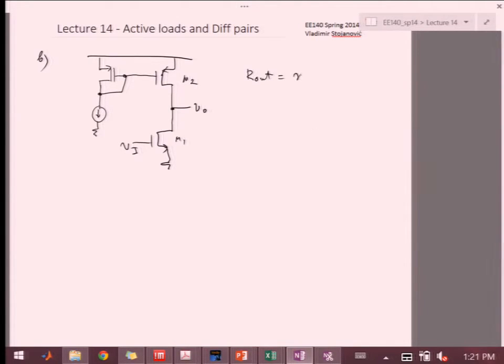RO1 in parallel with RO2, that's right. Because if we just look up, then all of this is gone, right? And the only thing that remains is RO2. Right? And so the VO over VI is minus GM1 times R out.